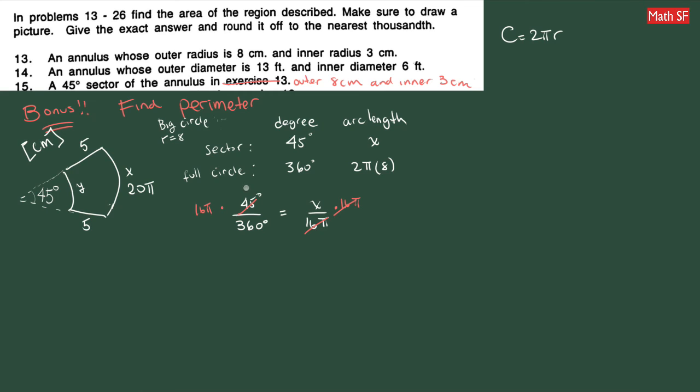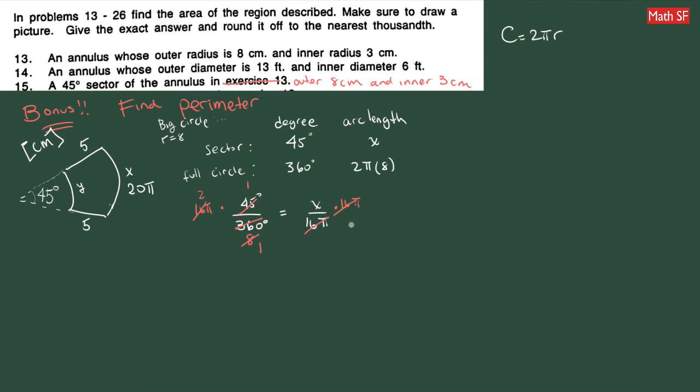Now I'm going to reduce. 45 goes into 45 once, and 45 goes into 360 8 times. Let me double check that. Hold on. 360 divided by 45, yes, that was 8 times.